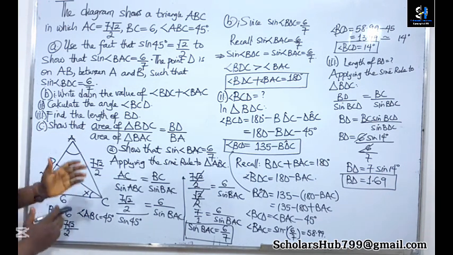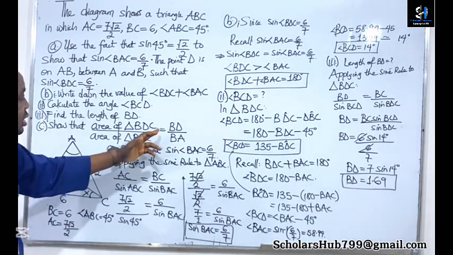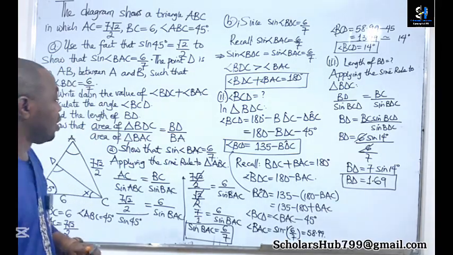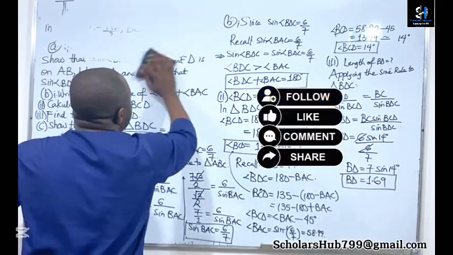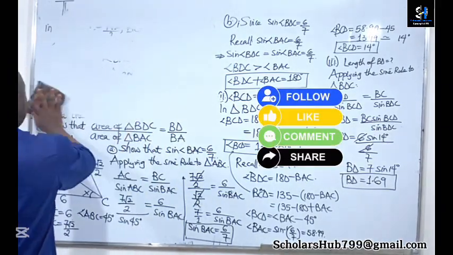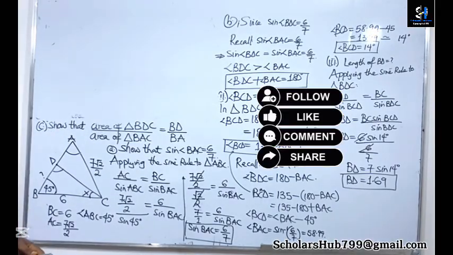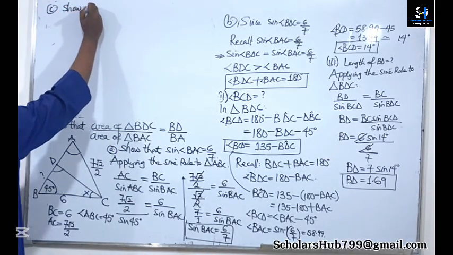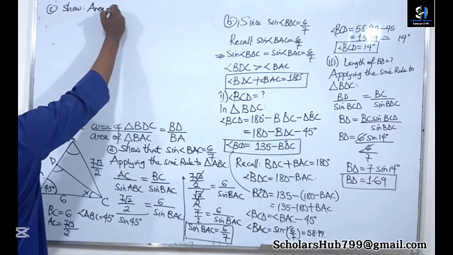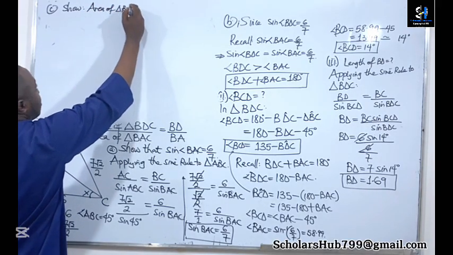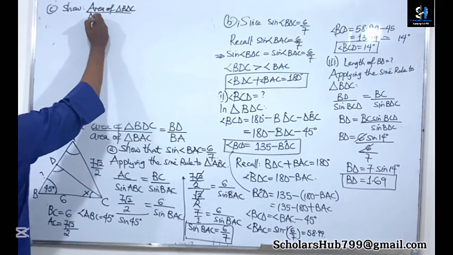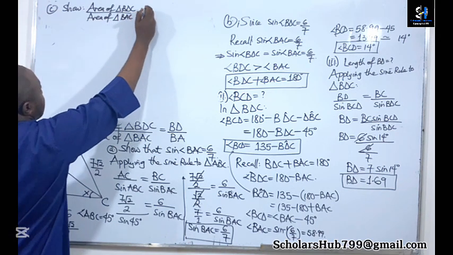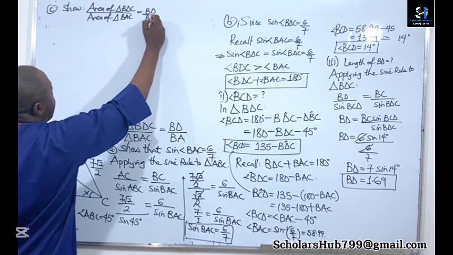Now, the last question is for us to show that the area of triangle BDC divided by the area of triangle BAC equals BD over BA.